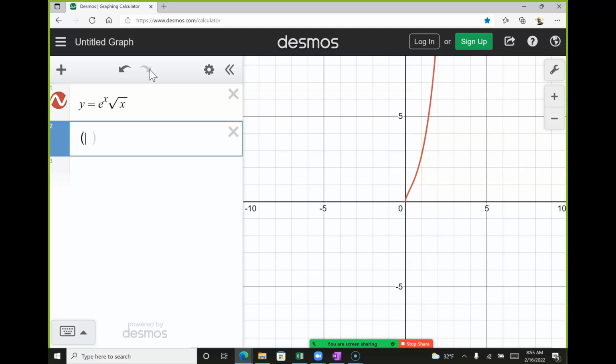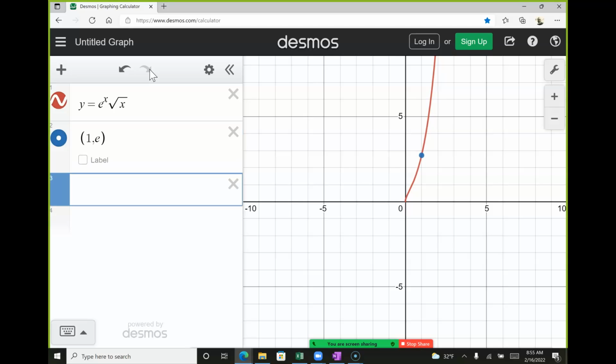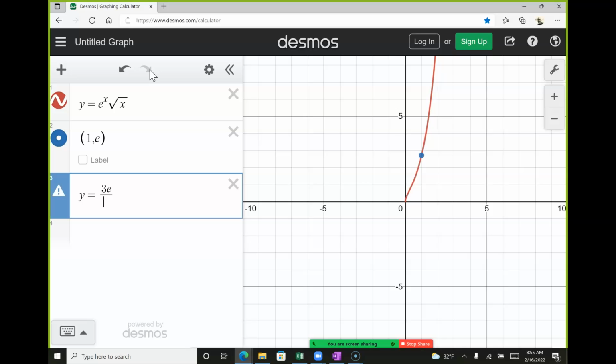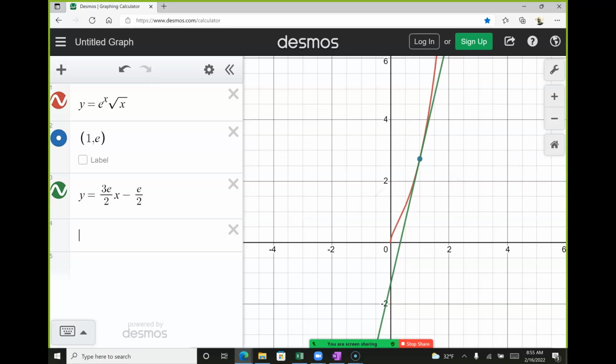Next I had the point 1 comma e. And the tangent line of y equals 3e over 2 times x minus e over 2. Yes, I love it.